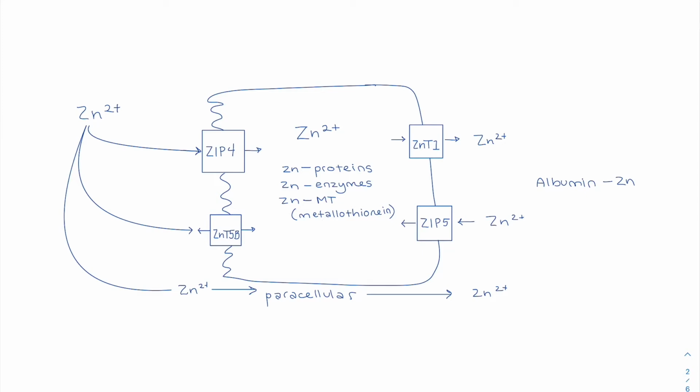If we have high copper, it doesn't go the other way. Where high zinc reduces copper absorption, high copper does not reduce zinc absorption because zinc is a stronger inducer of intestinal metallothionein.